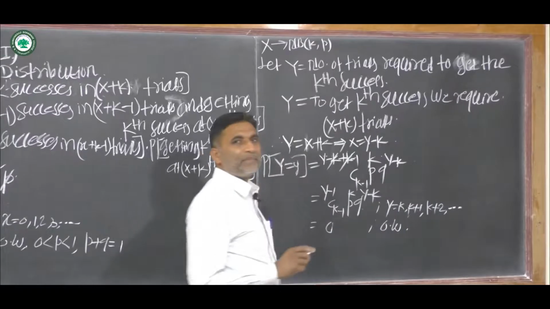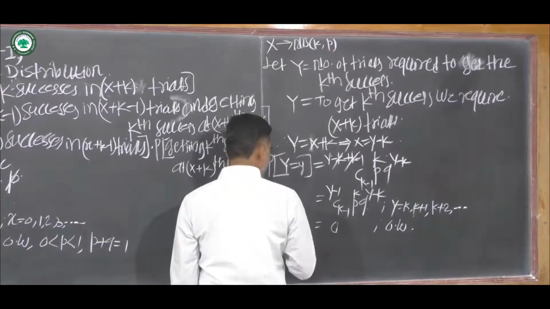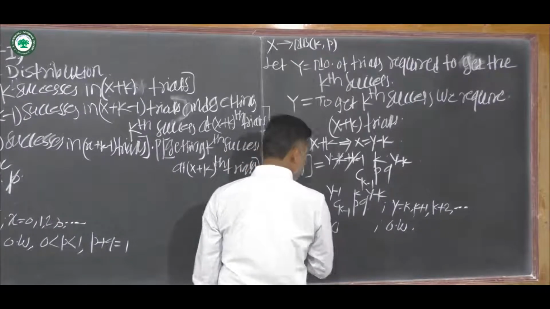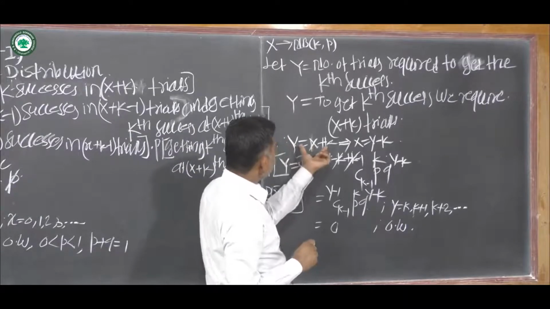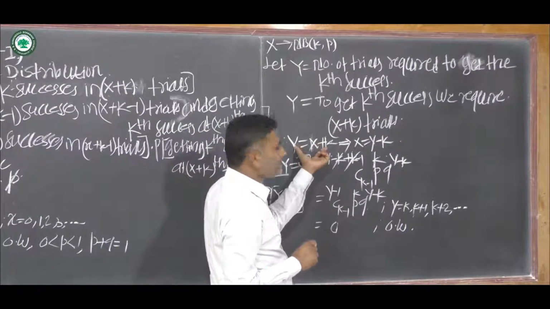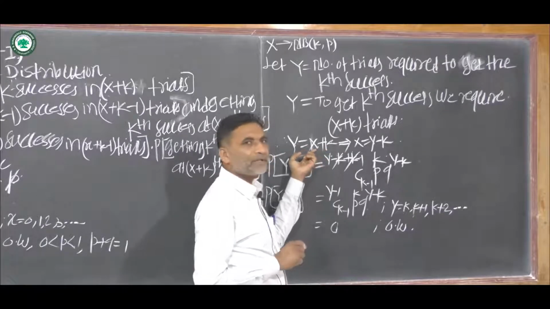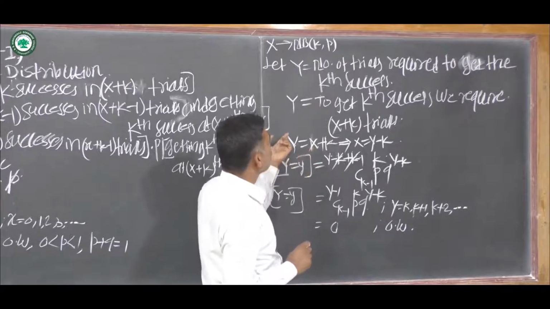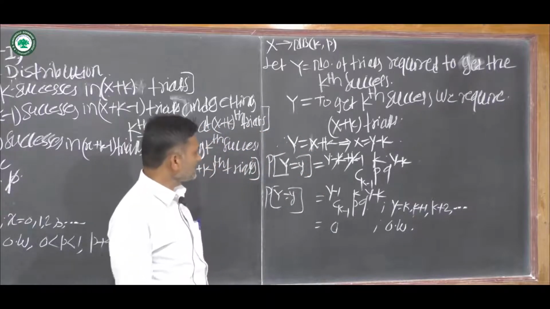This is the probability mass function of another form of negative binomial distribution. Okay. Here y is equal to x plus k. K is the number of successes. X is the number of failures before getting the kth success. Y is the number of trials required to get the kth success.